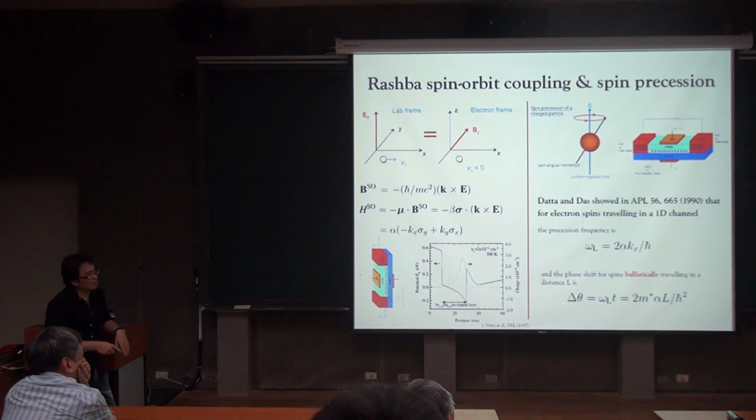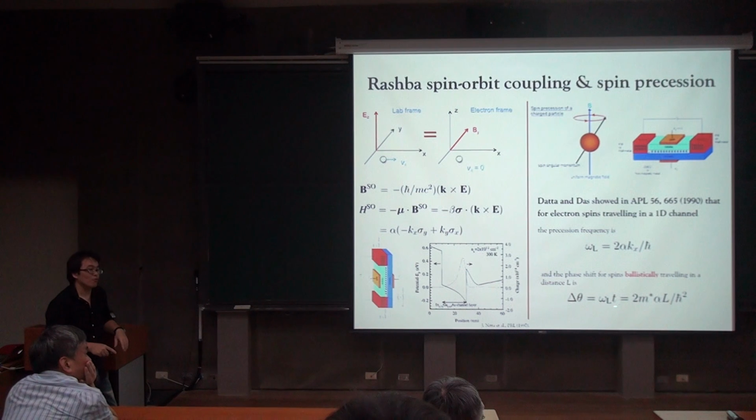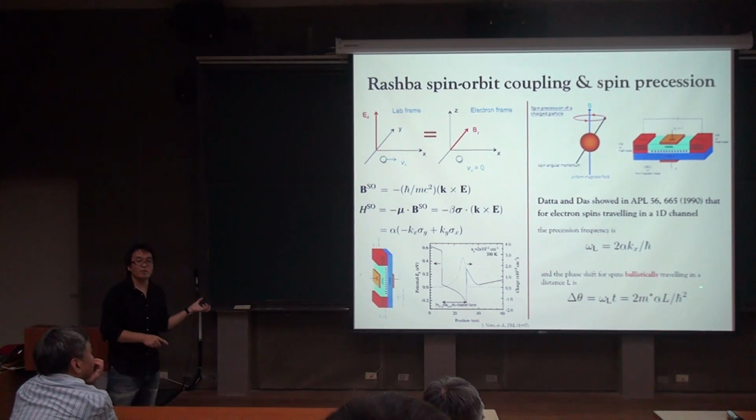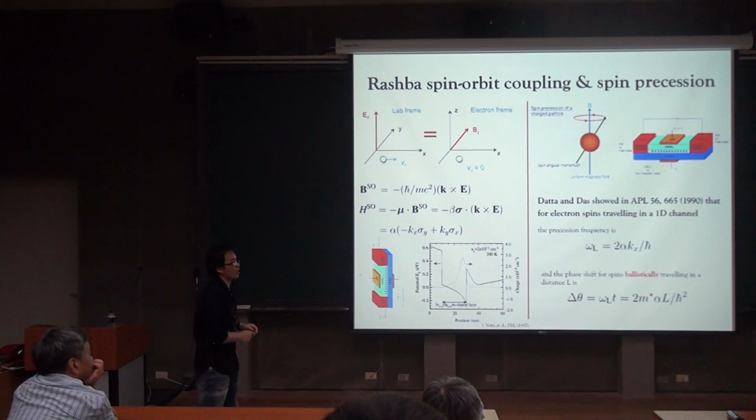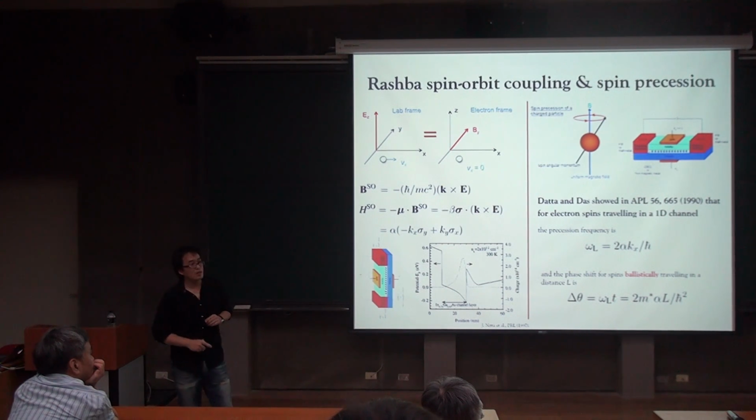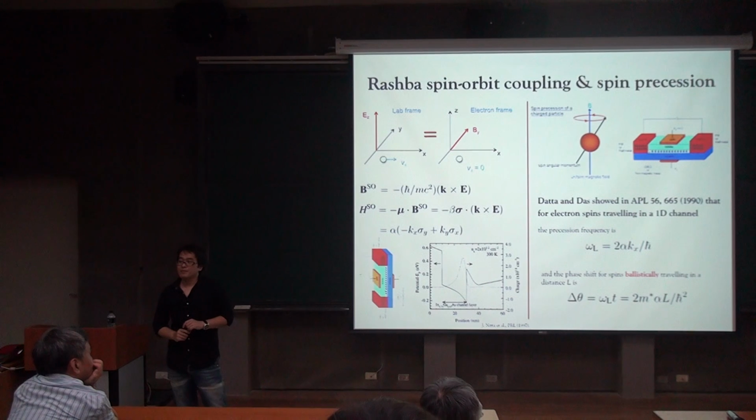So the idea is actually quite simple. This kind of phase shift is given by this equation, and you can simplify this. You could probably find that the spin angle is irrelevant to the momentum, because the time has the momentum in it, and the frequency also has the momentum in it, and the two cancel each other. And here's one key thing to realize: you need ballistic transport, right?